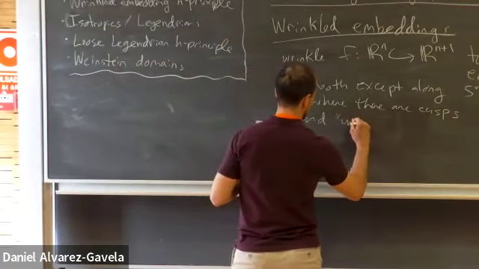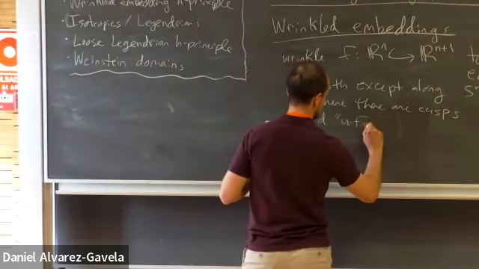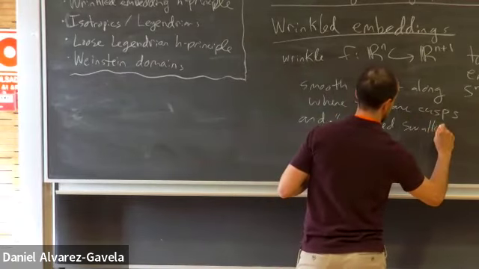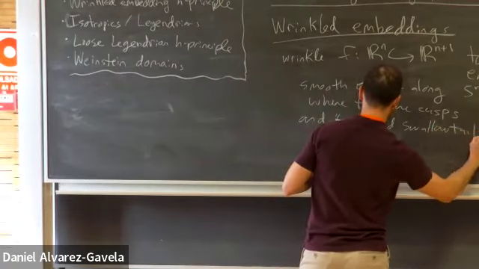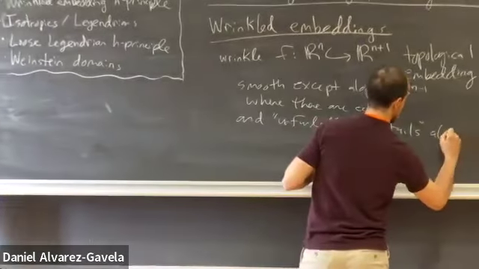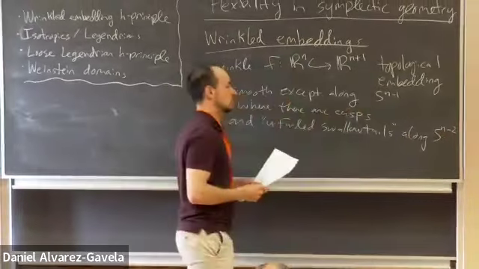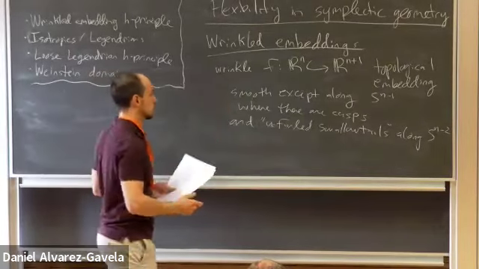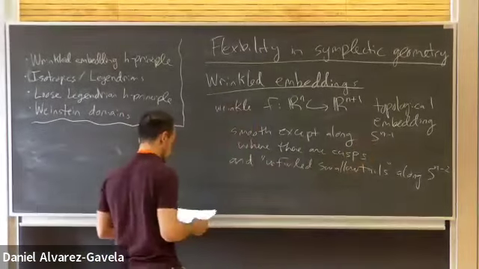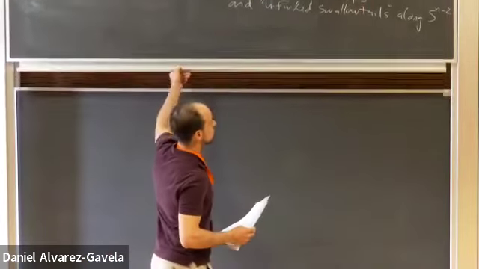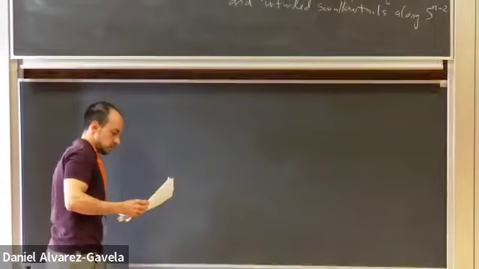And there are these unfurled swallowtails along the equator, which is an n-2 dimensional sphere living in here. So this is the equator here. Okay, so what do the pictures look like of these wrinkles?